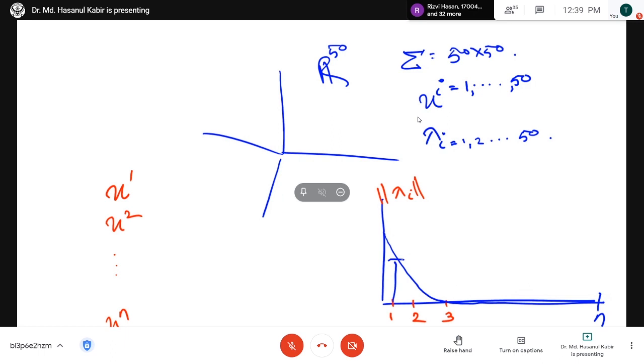Yes or no? Yes, sir. And then if you want to do dimensional reduction, you have to discard some eigenvectors. That means you cannot take all eigenvectors; you have to take the k eigenvectors. That's when your dimension will reduce from n to k. Is this clear? Yes, sir.